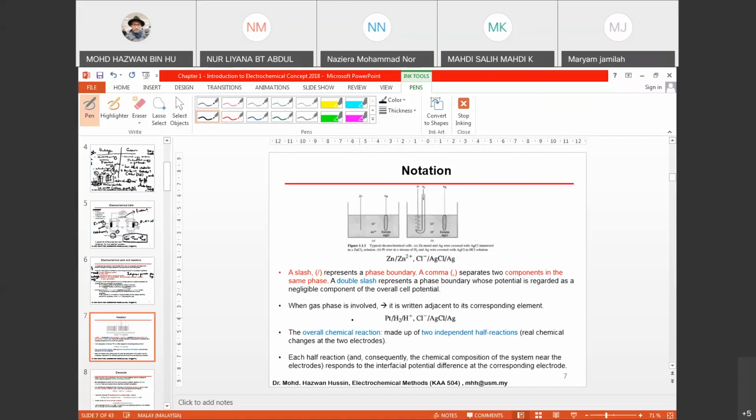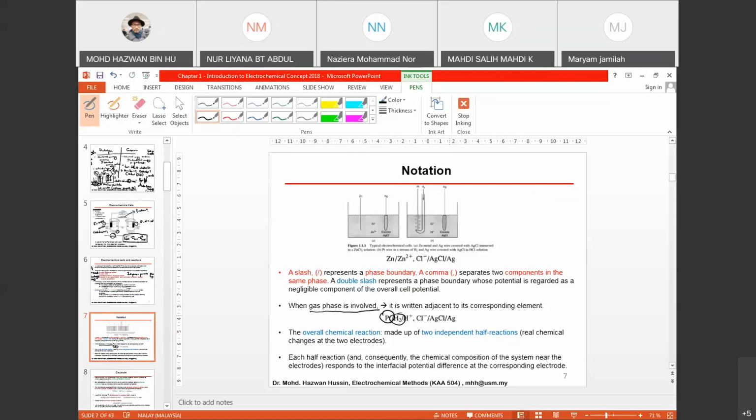So when gas is involved, remember, when you see gas is produced, for example hydrogen, you must know that the electrode used to produce gas must be a non-reactive electrode or metal, which in this case is platinum.